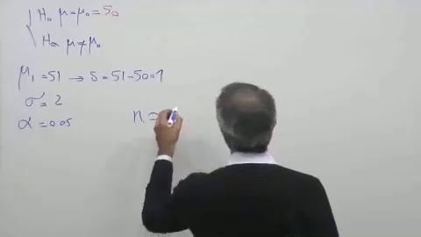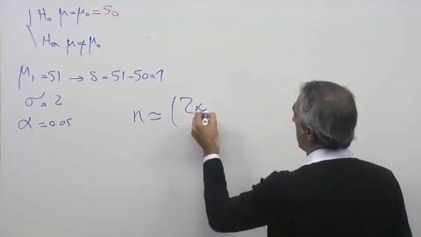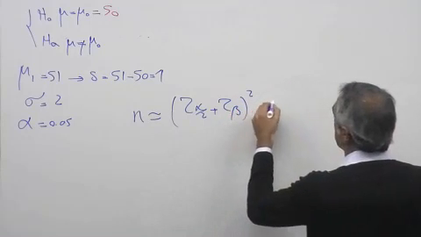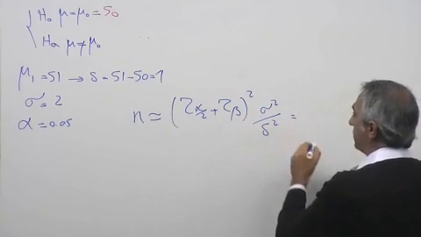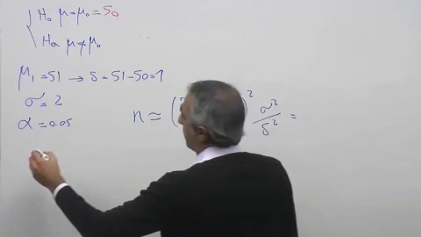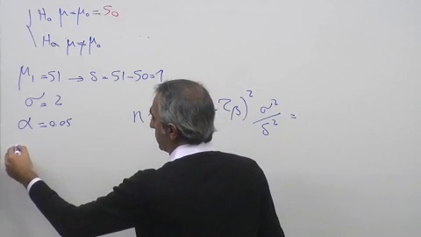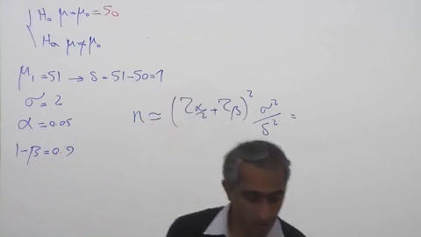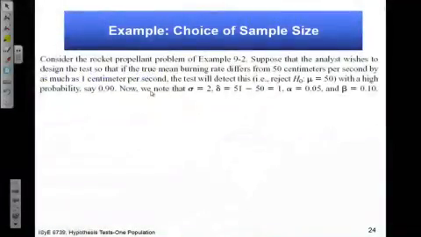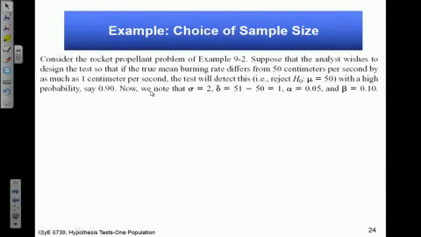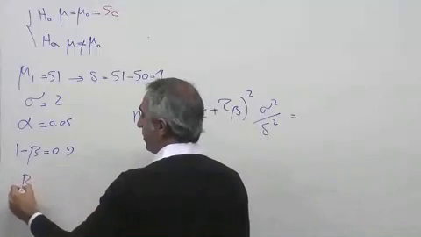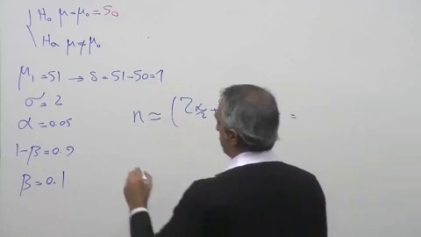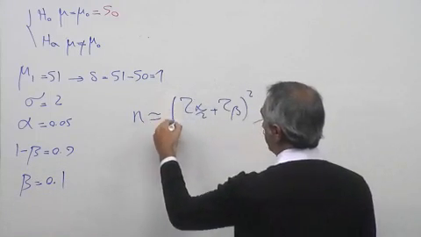I use the approximate equation, which is n equals z alpha over 2 plus z beta squared, times sigma squared over delta squared. Detection power it says with probability of 90%, so our beta is 0.1.